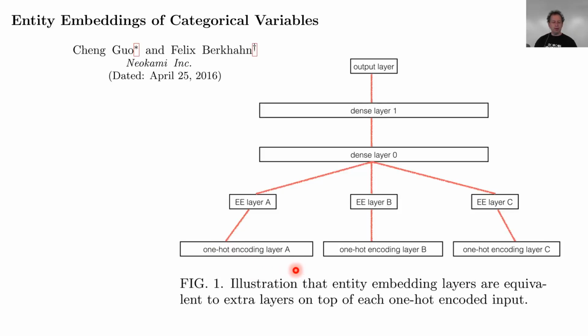And they actually make this point in the paper, that the equivalent of what they call entity embedding layers, so an embedding of a categorical variable, is identical to a one-hot encoding followed by a matrix multiply. So they're basically saying if you've got 3 embeddings, that's the same as doing 3 one-hot encodings, putting each one through a matrix multiply, and then putting that through a dense layer, or what PyTorch would call a linear layer.